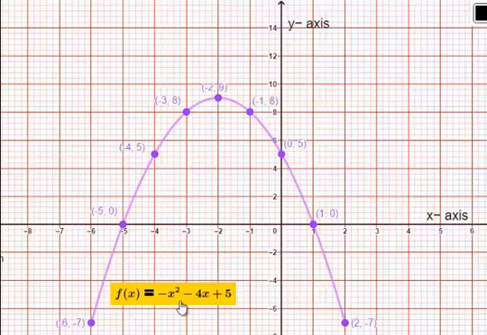This graph that you see can be divided into 3 sections.